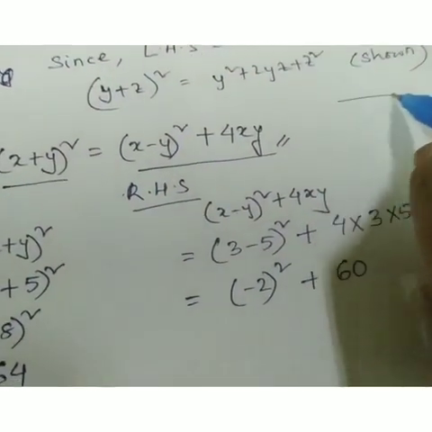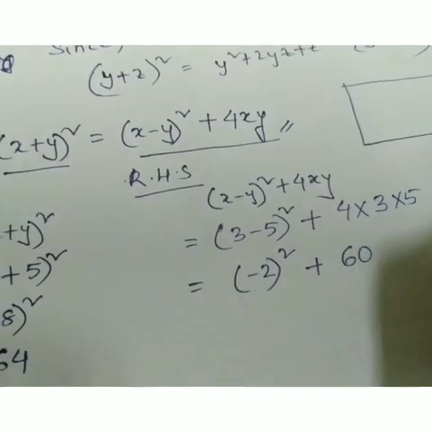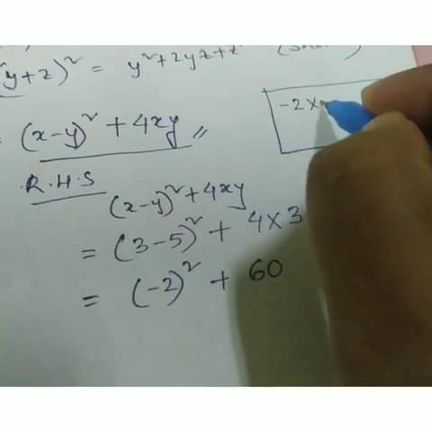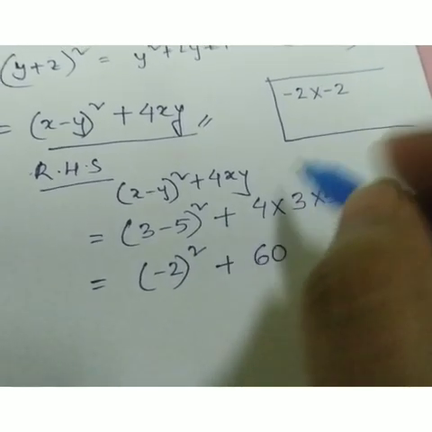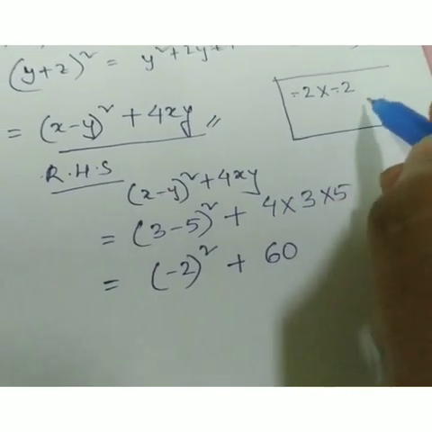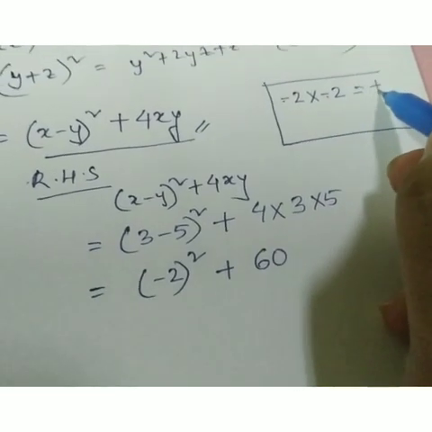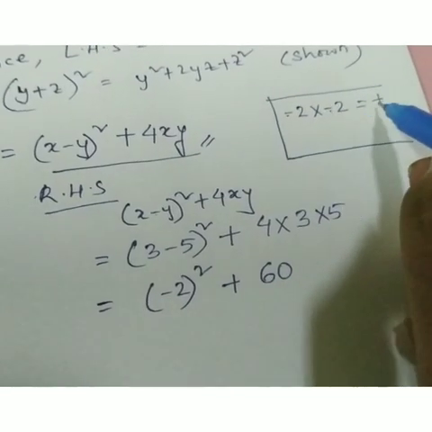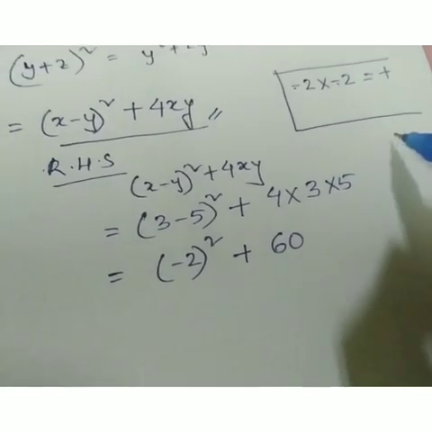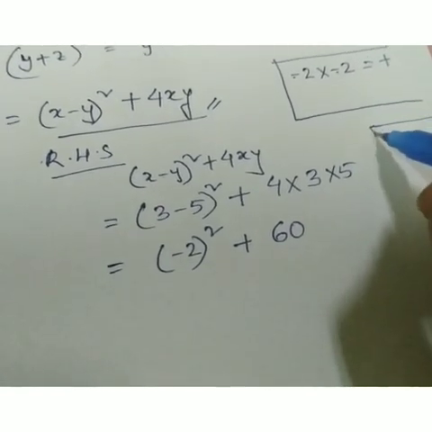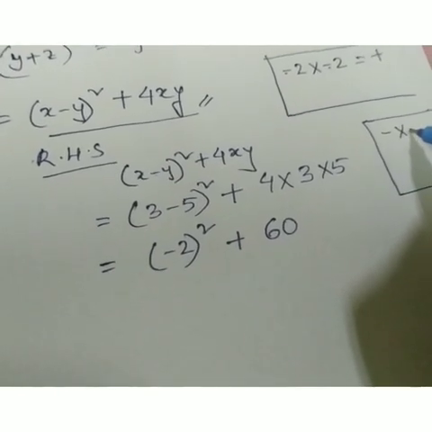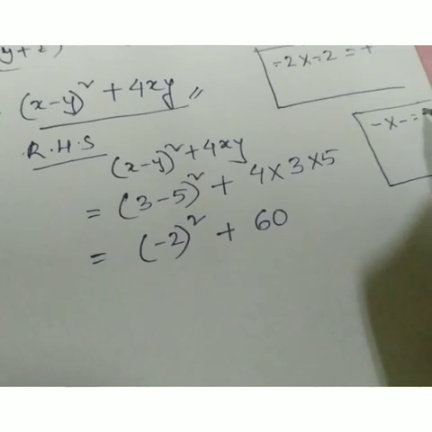Remember one thing, just as a side note I am giving, minus 2 whole square means minus 2 into minus 2. If you multiply minus into minus, we always will get plus. Let us make a note for it. You already know this from integers, that whenever you have minus and you multiply it with another minus, you get a plus.